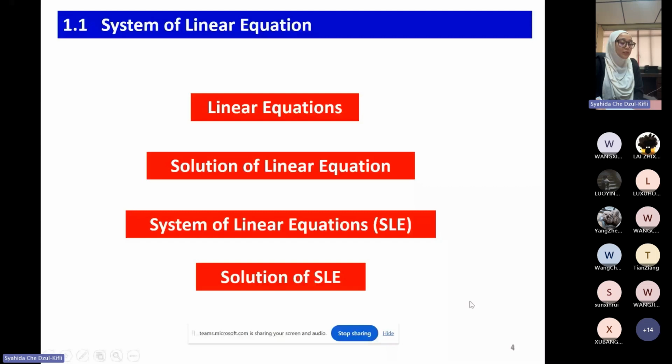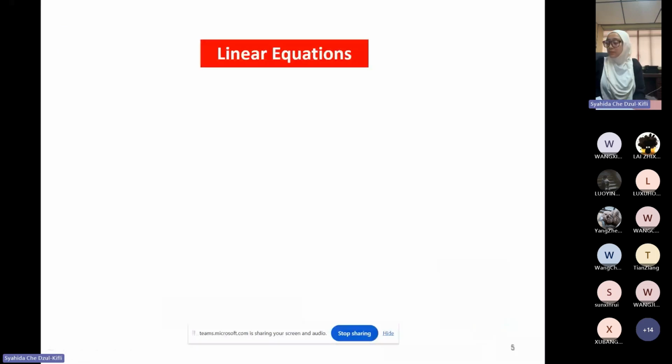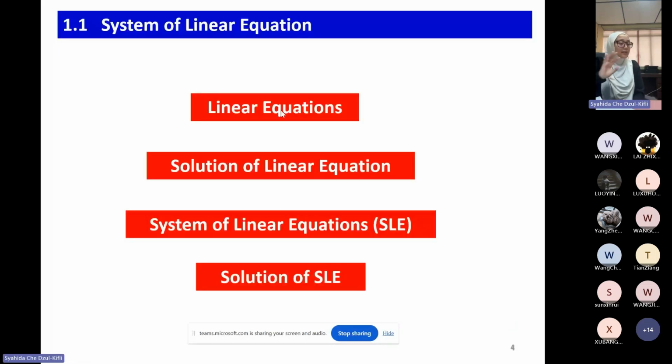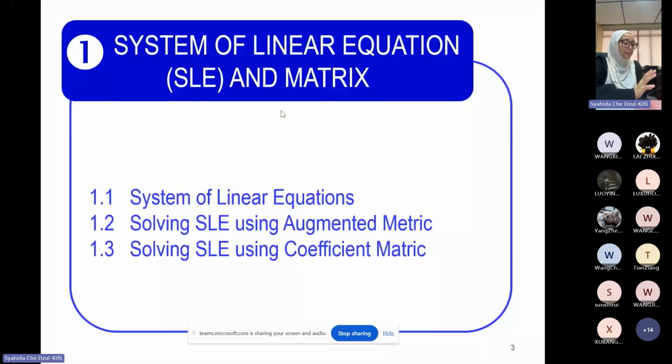In this new slide, I have divided the whole topic into 3 subsections instead of about 7 subsections.